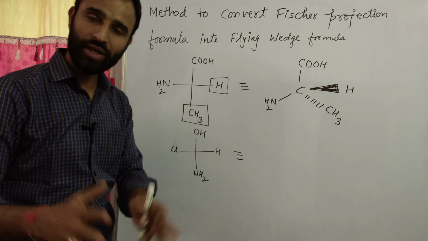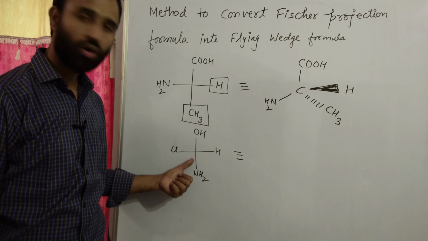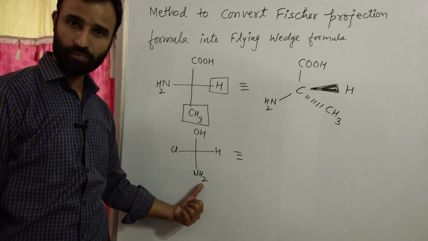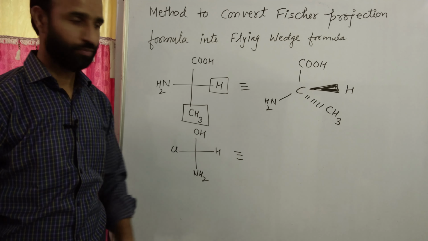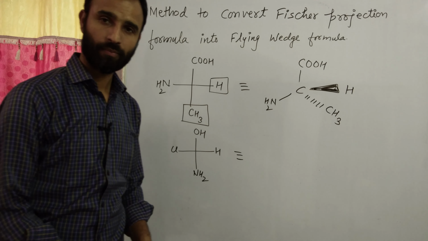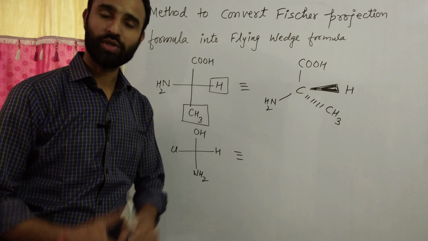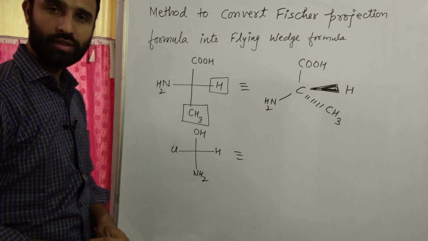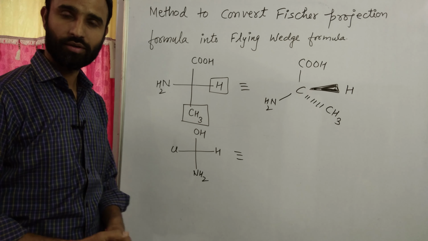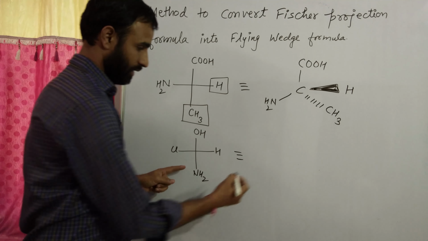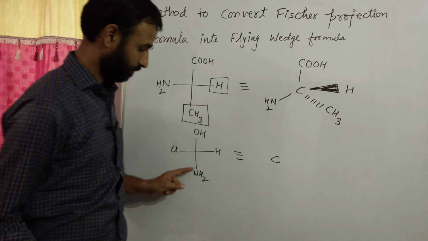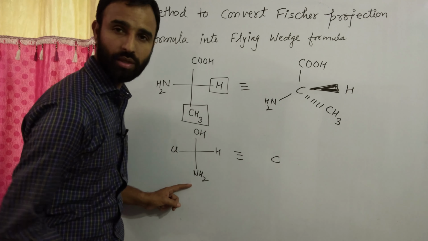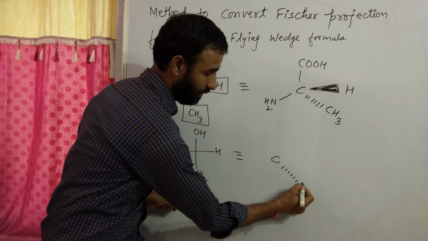Now pause the video and draw the flying wedge formula of this molecule and come back. You will get the answer, but first draw it by yourself. Okay, now this group is at the bottom, so it should be represented by a dotted line.